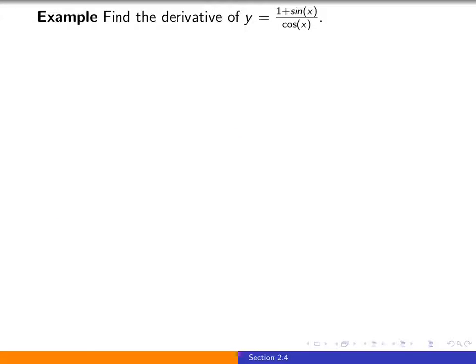So one more example. Let's find the derivative of the function 1 plus sine x over cosine x. So the function that we're looking to differentiate, let's rewrite it here, y of x is 1 plus sine over cosine. This is a quotient of two functions, so the quotient rule will be an ideal approach.